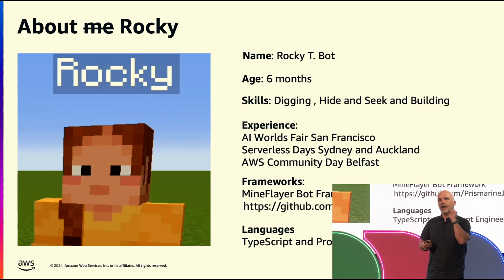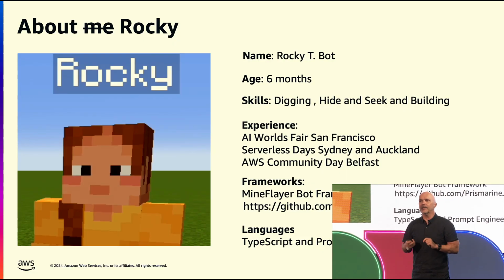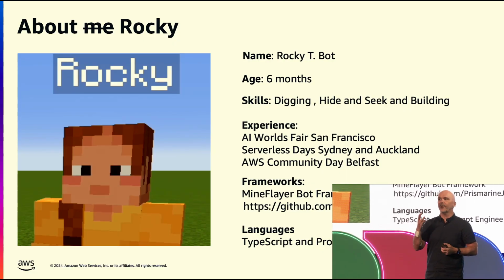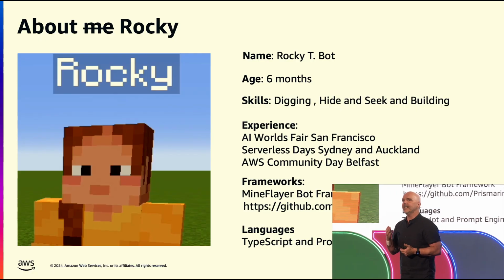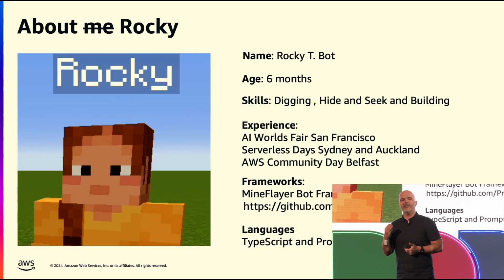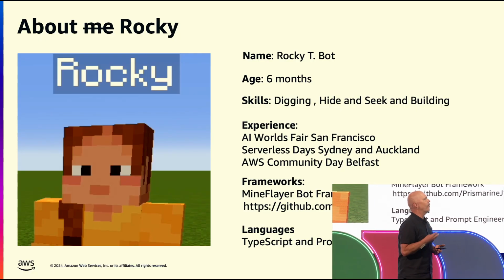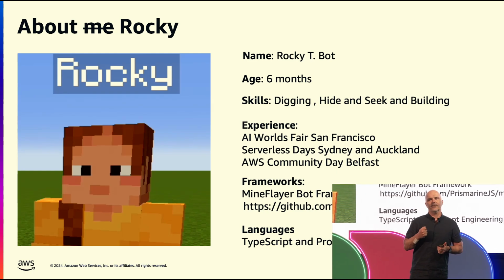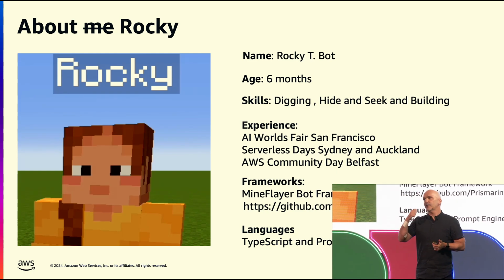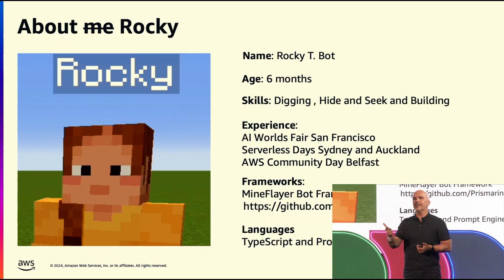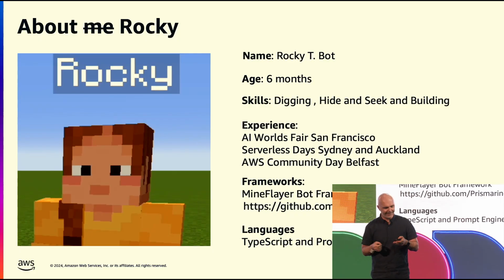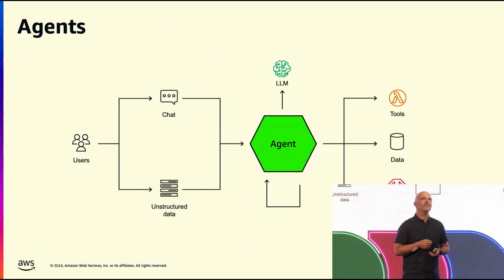Rocky knows Mindflayer, and he knows TypeScript and prompt engineering. And this is the third really important thing, is prompt engineering is absolutely vital if you want to know about agentic workflow and agents. Okay, so it's tasks, orchestration, and prompt engineering. Those are the three fundamental building blocks of agents. So this is Rocky.